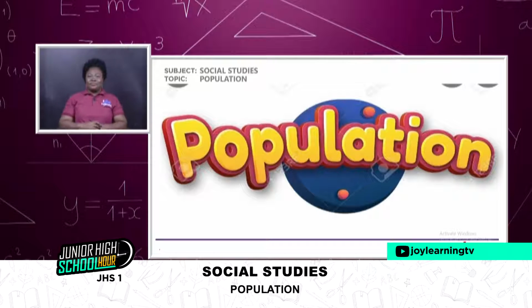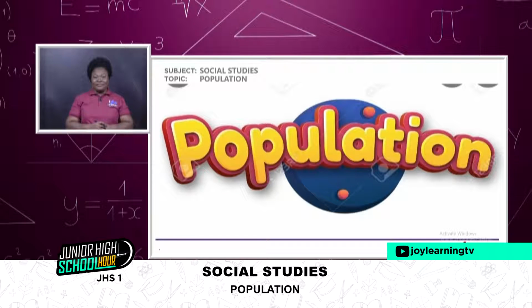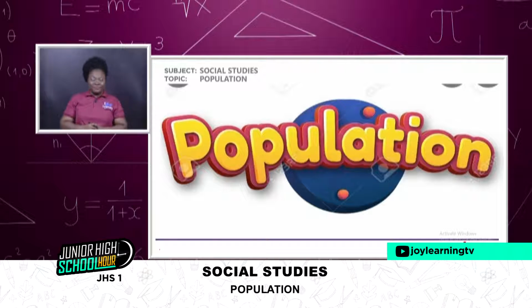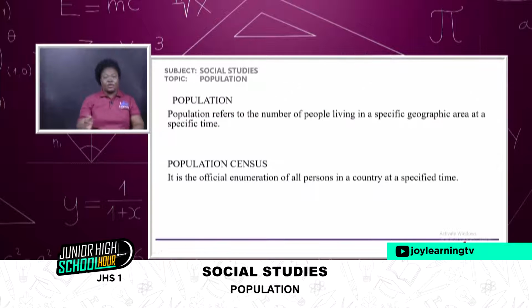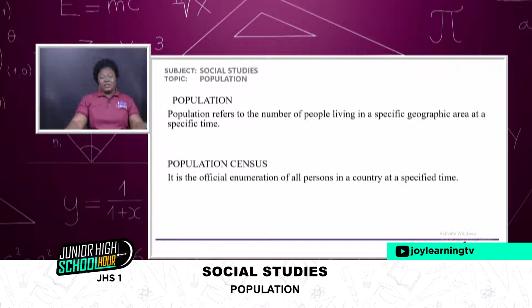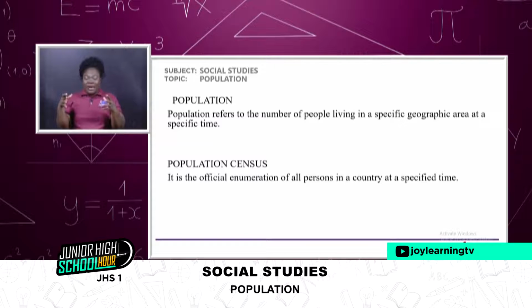Now, our topic for today is population. Good. So what is population? The concept population. Population refers to the number of people living in a specific geographical area at a specific time.